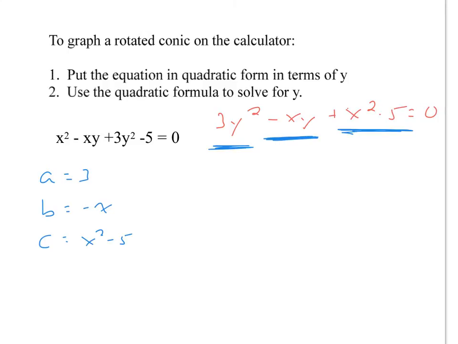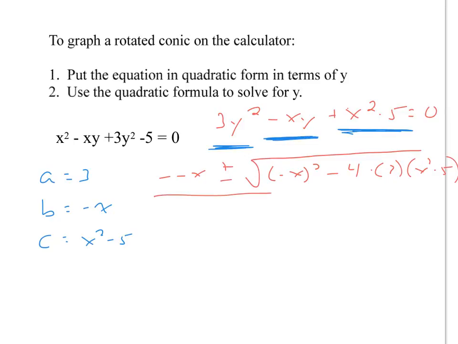So I'm going to have negative b, so that's neg x, so that's positive x, plus or minus the square root of b squared, which is neg x squared, minus 4 times a, which is 3, times c, which is x squared minus 5, all over 2a. So there are our two equations we're going to punch into our calc.